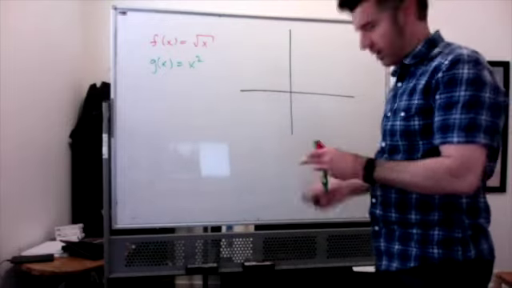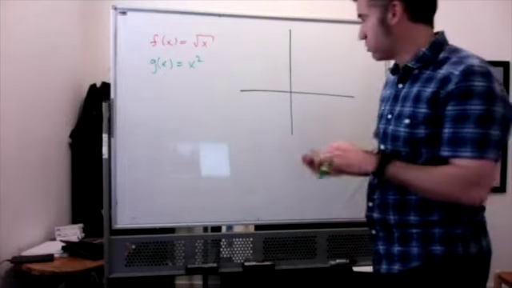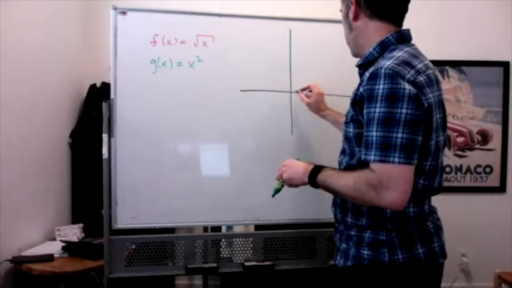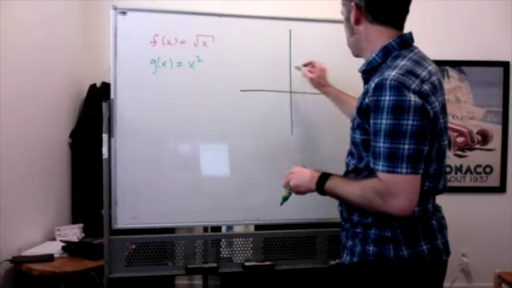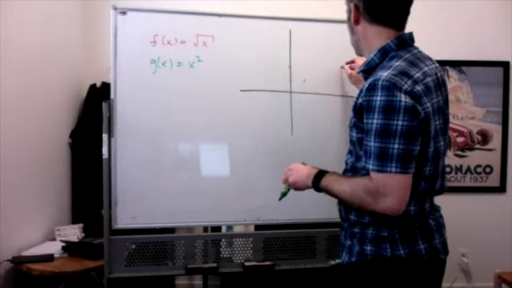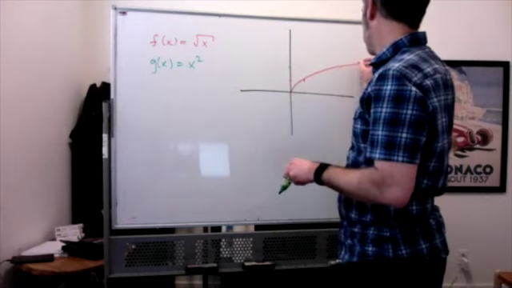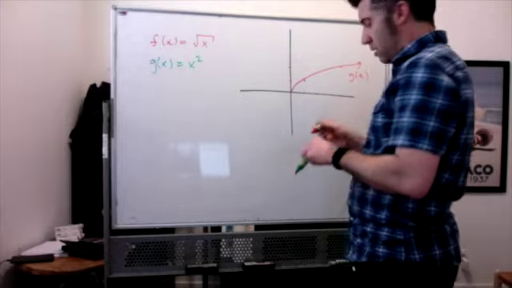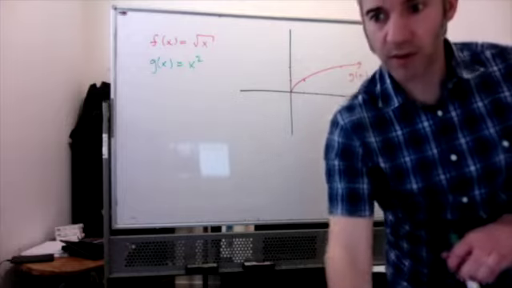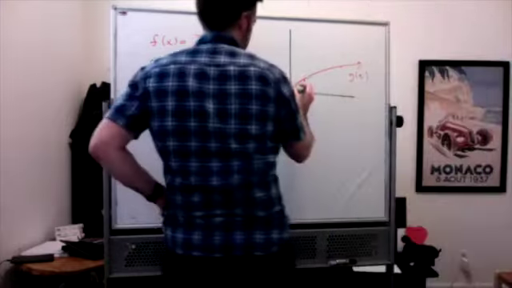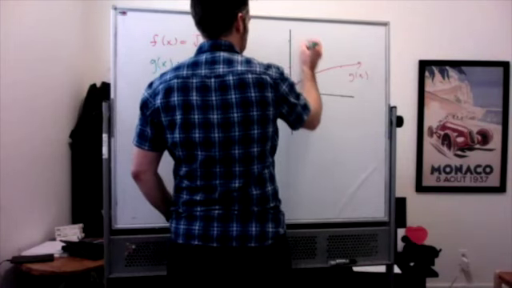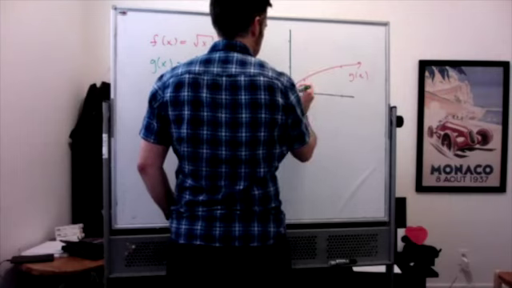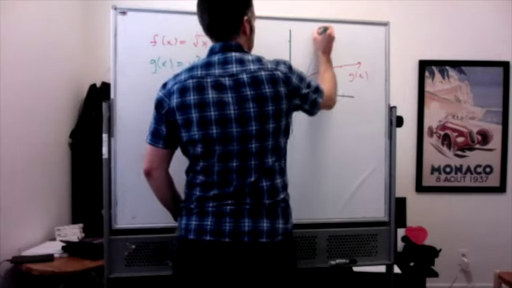square root of x is perfectly fine. Square root of x is the usual shape, right? (1, 1). There's your g of x. Now the problem is x squared, well, x squared does this to the right.